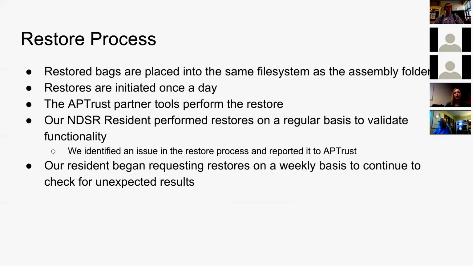We did actually encounter one issue early on when we started running these restore checks, and we reported that to APTrust, and the issue was resolved. But this gave us a good amount of confidence that we kept requesting restores on a weekly basis just to verify that this is a process we could trust.